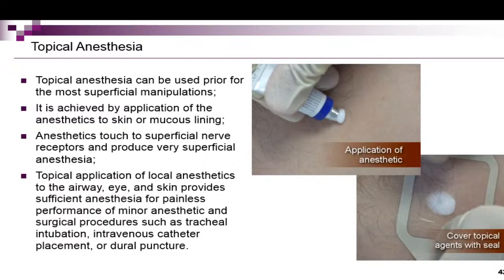Topical application of local anesthetics to the airway, eye and skin provides sufficient anesthesia for painless performance of mild anesthetic and surgical procedures such as tracheal intubation, intravenous catheter placement or dural puncture. Or in dentistry, topical anesthesia is a preliminary part for conduction anesthesia by injection of strong anesthetics near the nerve.